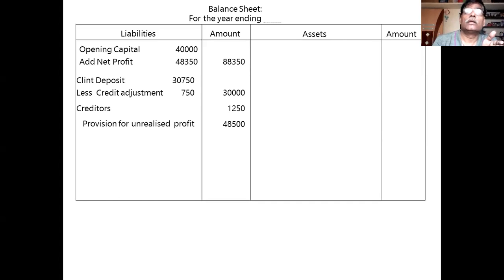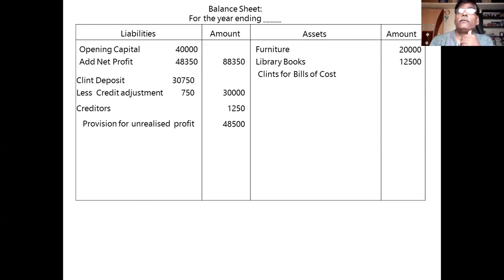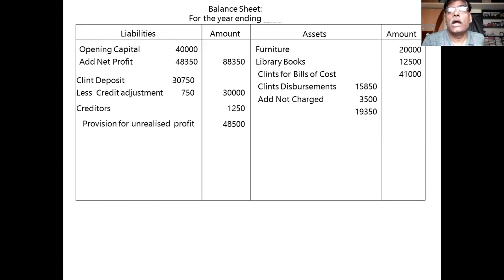Asset side: furniture, library book, then client bill for cost, bill of cost, client disbursement. You take inner column. Here you add not charged, that is 3,500 add. After this, you deduct the credit adjustment 750. Sorry, less.